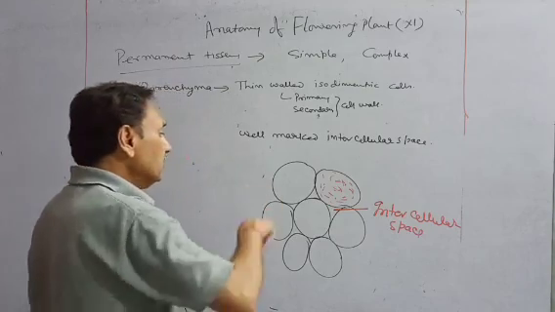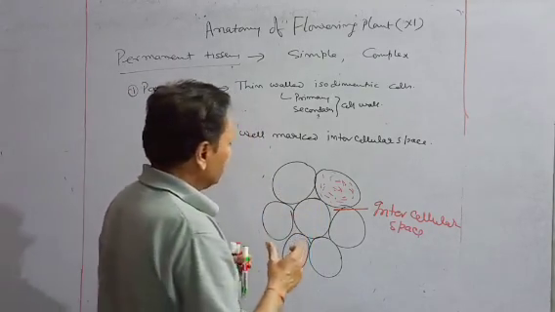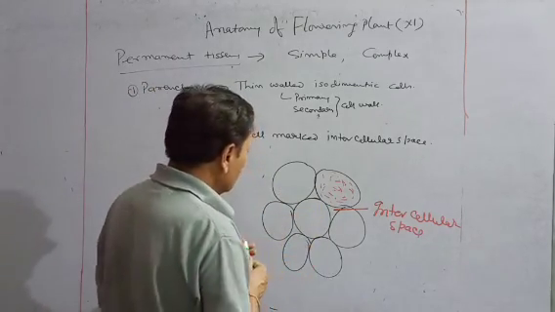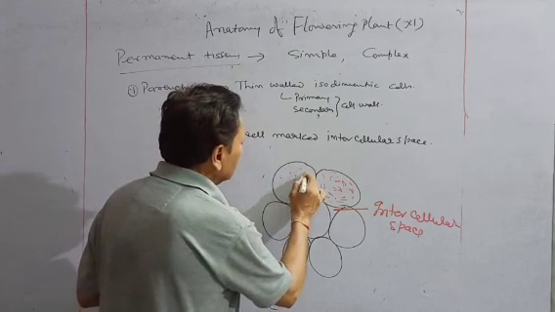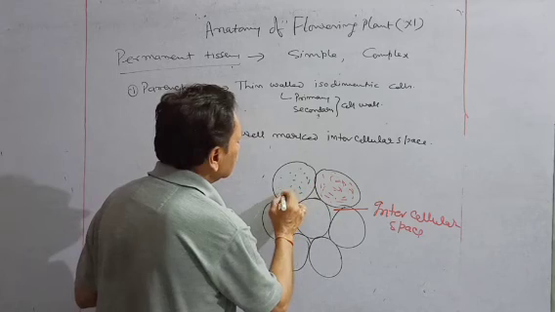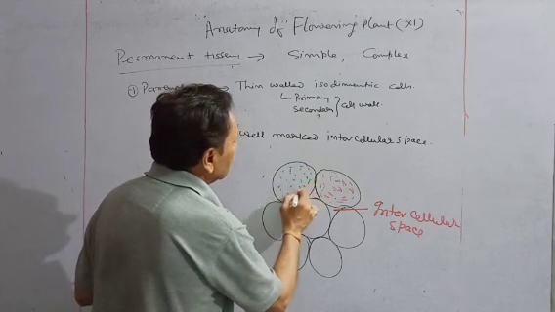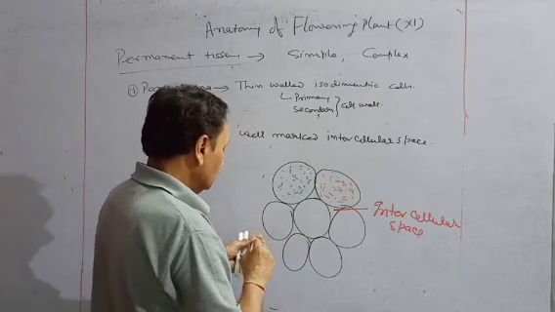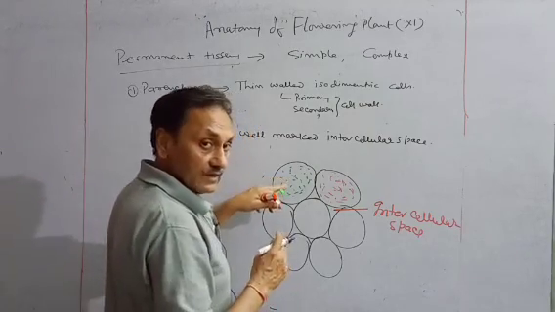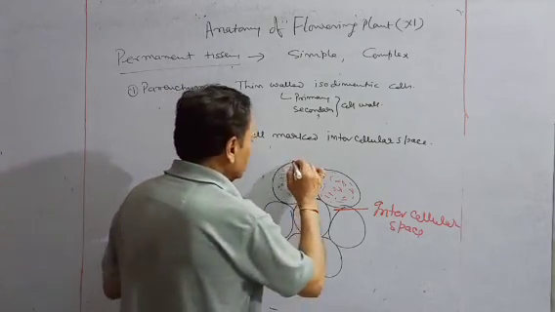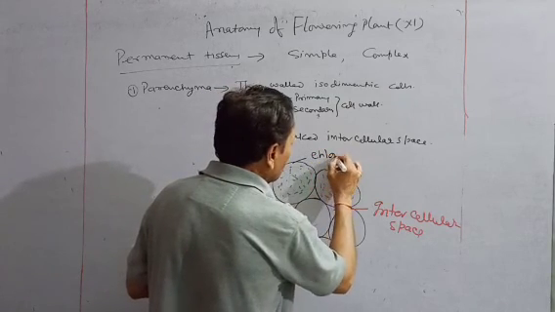On the basis of different characteristic features, it has been observed that a certain parenchyma has green pigment. This type of parenchyma having green pigment, meaning chlorophyll, is called chlorenchyma.